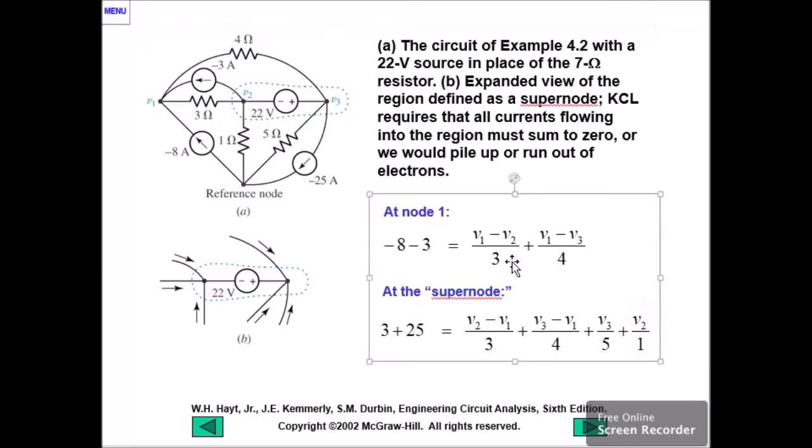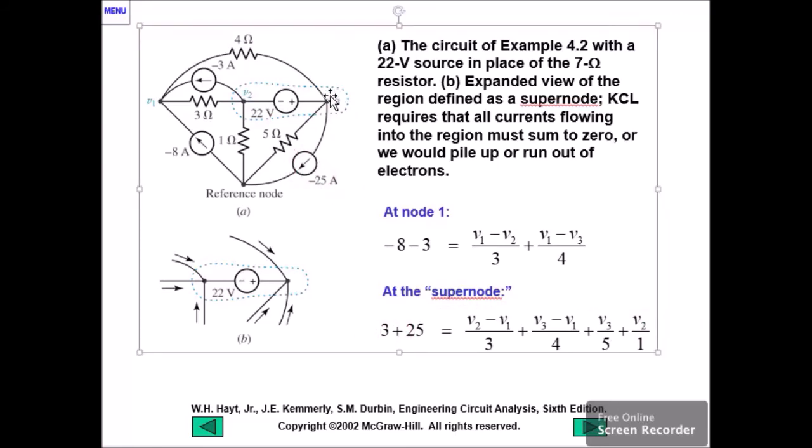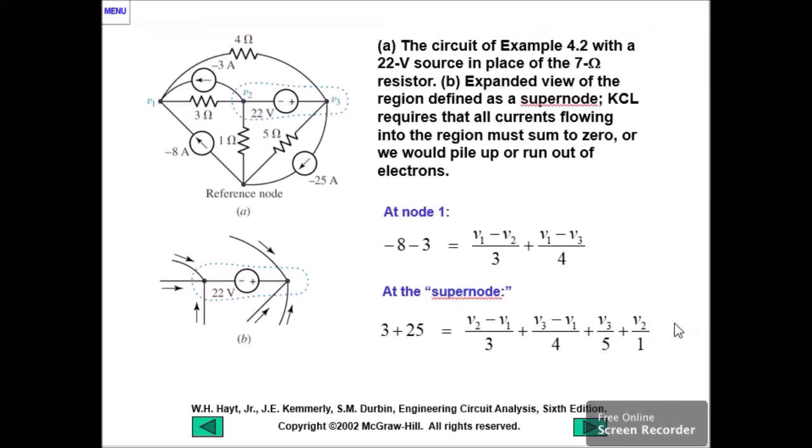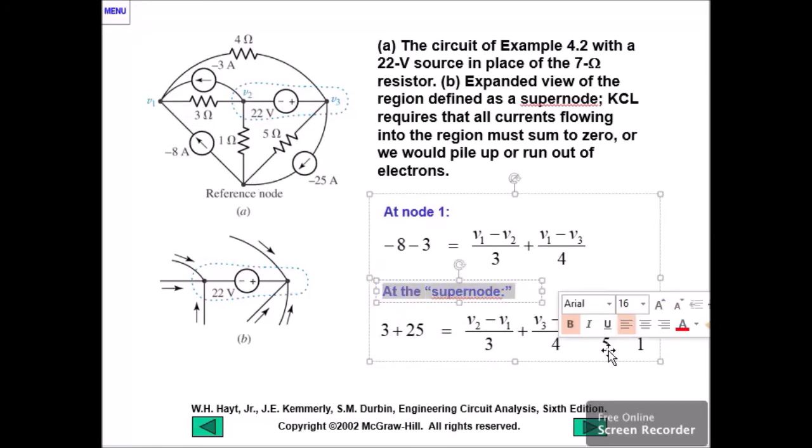Our current supply, is it leaving? Yes. So we have minus 3, which we can move to the other side as positive 3. Same thing. This one is also leaving this node, so this is minus 25, moved to the other side as positive 25. That is the supernode.